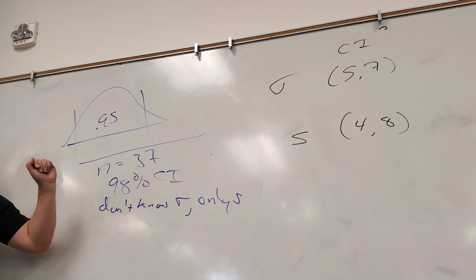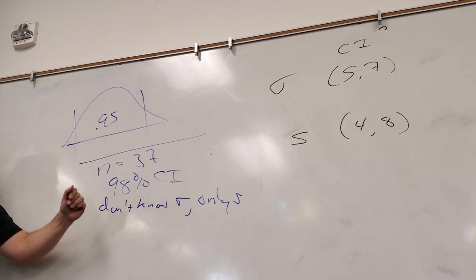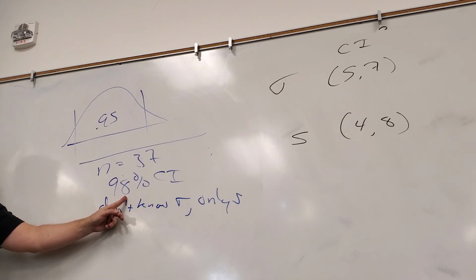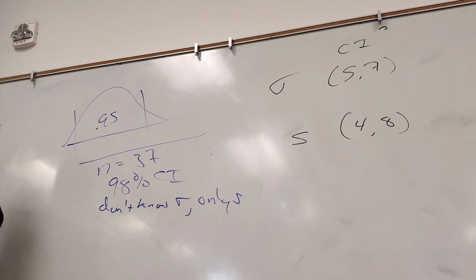Okay. So what's my degrees of freedom? 36. What's my area in two tails? 0.02. Right, 98% in. So how much is in the tails? 2%. Can you guys, say it out loud, look it up on the chart real quick. What t-score would you use?